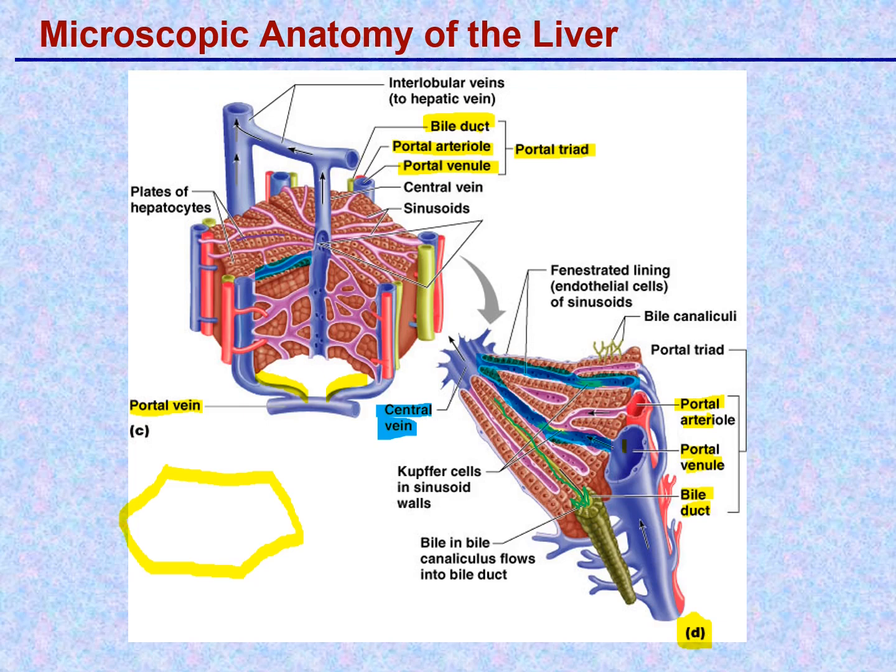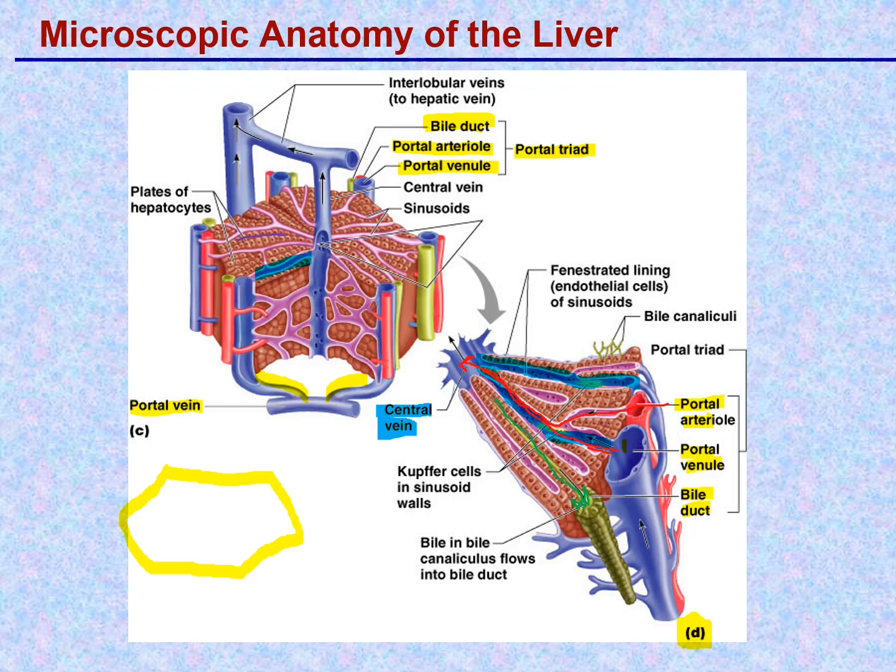That oxygenated blood comes in through the hepatic artery and goes into portal arterioles, flowing towards the central vein, mixing with venous blood coming from the portal venule.